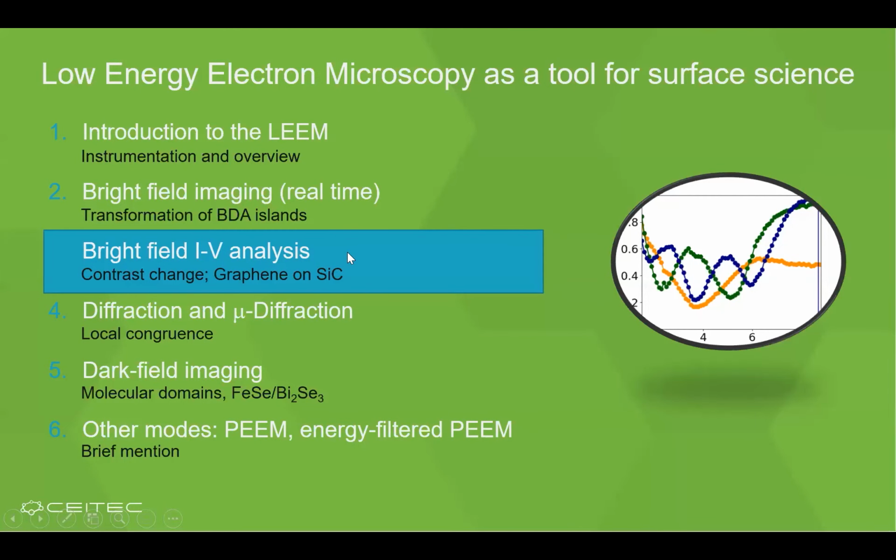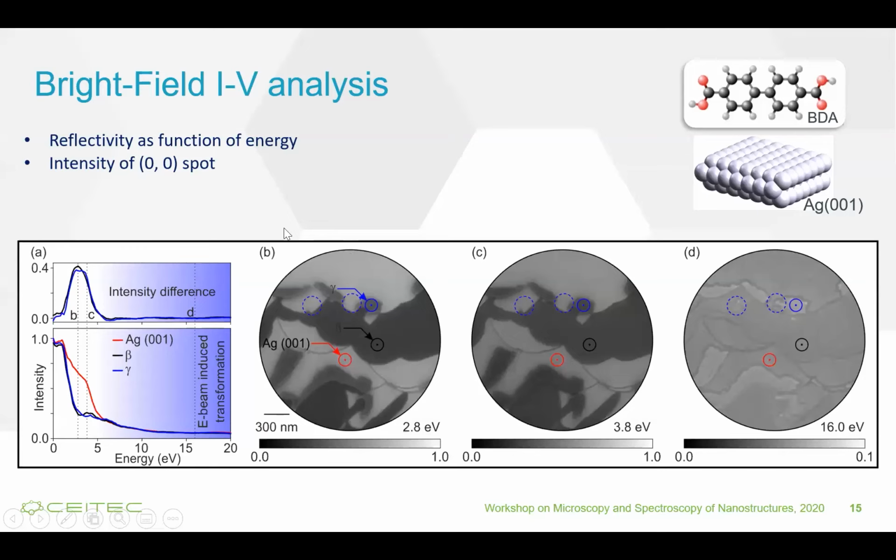We can do more if we record the contrast of the island as a function of the energy. The accessible energies we mostly use are from 0 to 20 electron volts. And then if we record, we see that the intensity and also the contrast between the islands and the substrate, or different phases of the molecules, changes with energy.